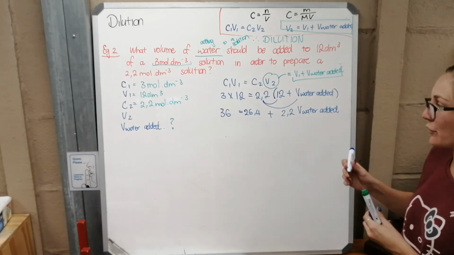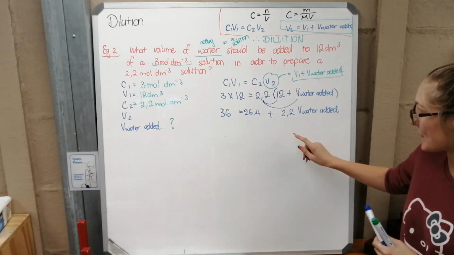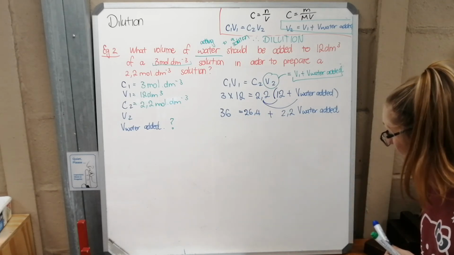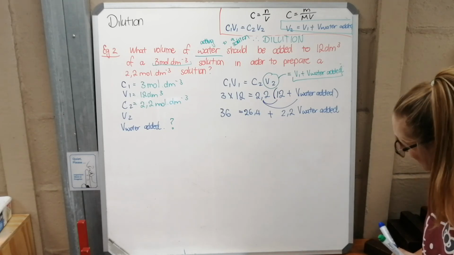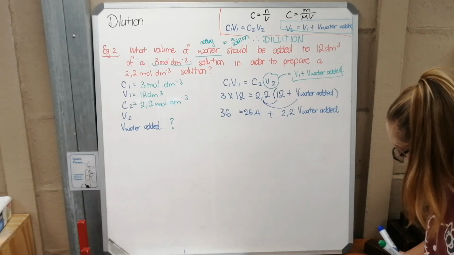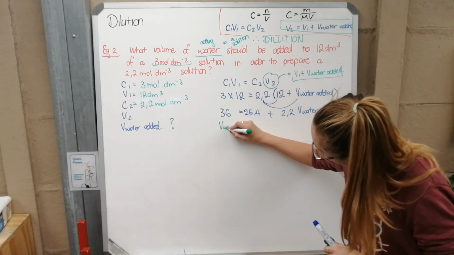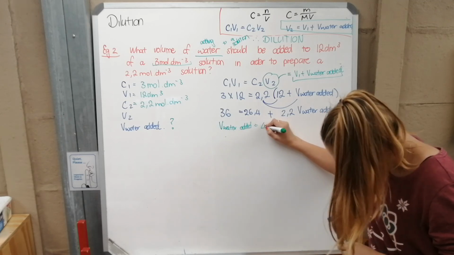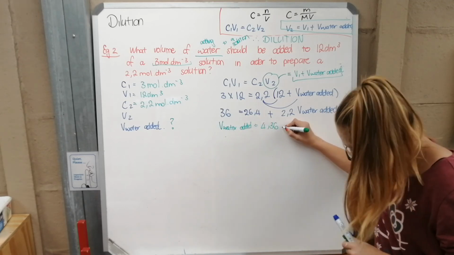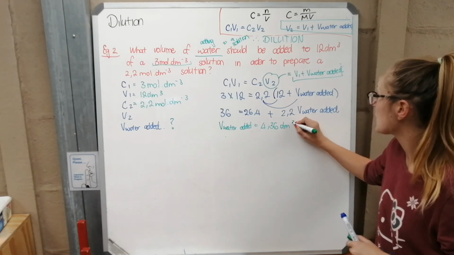And we're solving for volume of water added. So we're going to hop that over, subtract it, and then divide both sides by 2,2. So 36 minus 26,4 and then divided by 2,2. And I get that the volume of water that I add is 4,36 decimeters cubed. There we go.